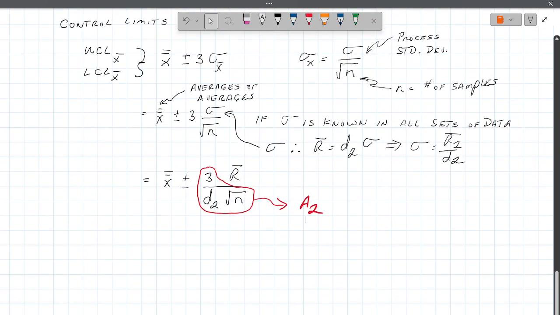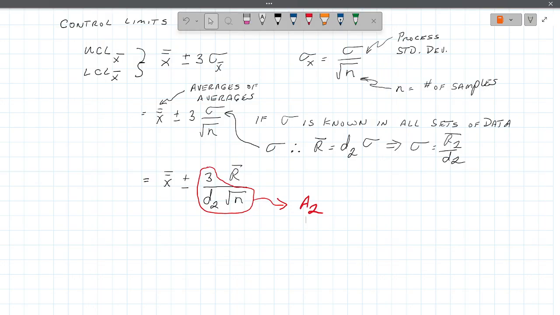Okay, so we're going to manipulate some of the math here and reassign new variables to make life a little easier to keep track of. Basically, the average of the X bar, or X double bar, sounds like a ranch out in the west, doesn't it? Plus or minus 3 times sigma divided by the square root of the number of samples n. If we substitute sigma with R bar, and that's d2 times sigma, solve for sigma, we get R bar over d2.